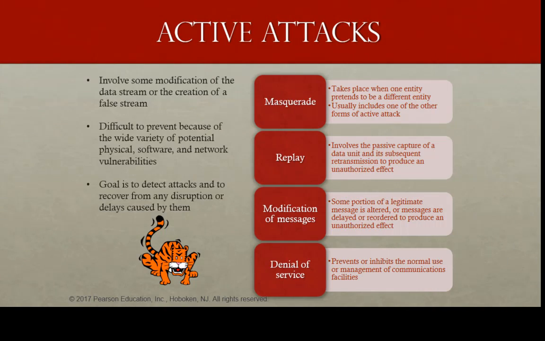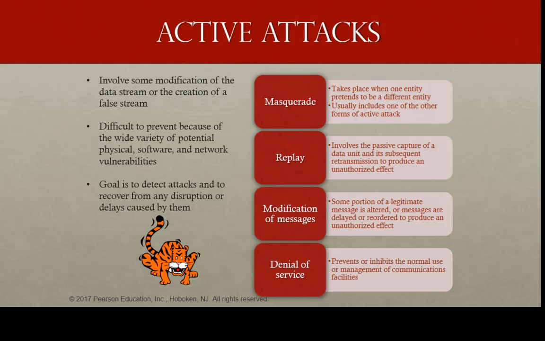Active attacks involve some modification of the data stream or the creation of a false stream and can be subdivided into 4 categories: masquerade, replay, modification of messages, and denial of service. A masquerade takes place when one entity pretends to be a different entity.